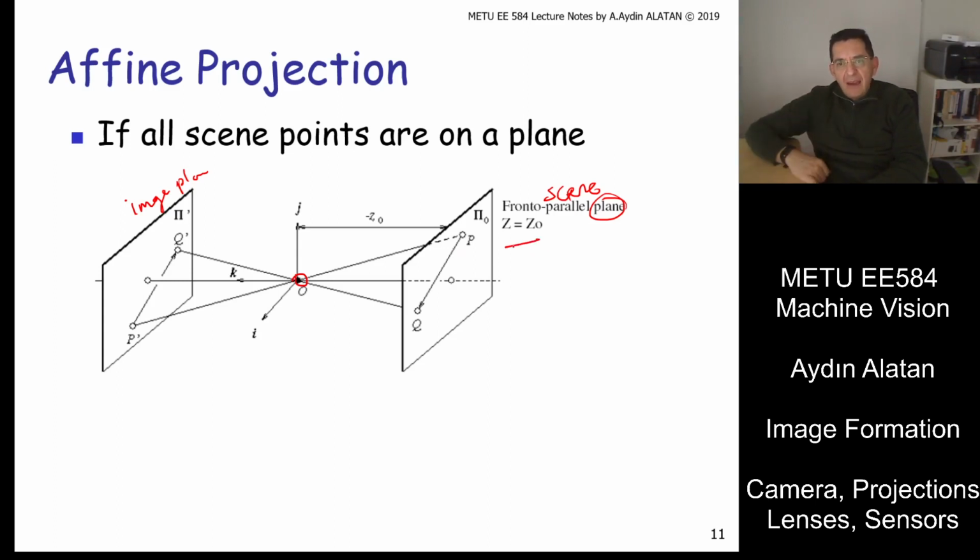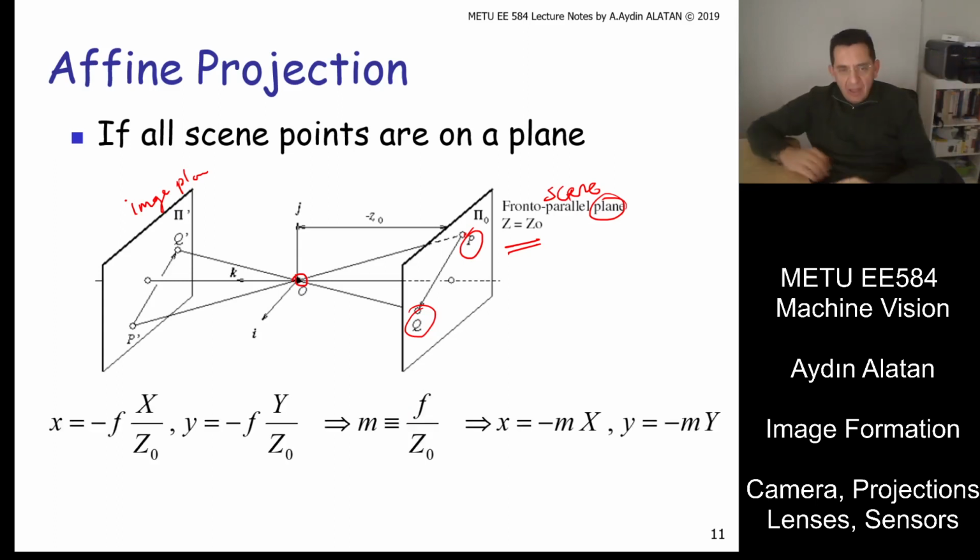Now, all the things on the wall, this point P, this point Q, they are all at a constant distance called Z0. And then let's apply, first things first, our fundamental perspective pinhole camera projection by putting Z0 every time. Every point, P, Q, whatever. You don't see anything else. This is a scene consisting of a plane.